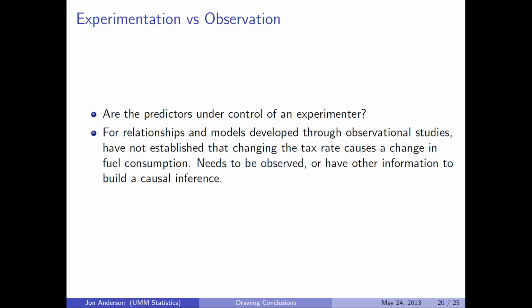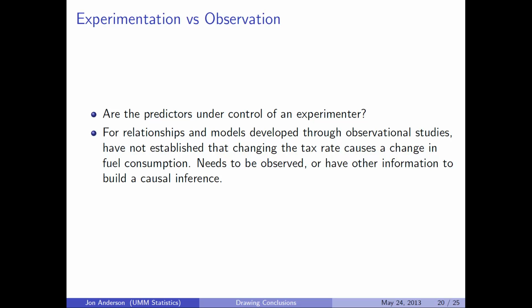Another issue to be aware of is that you need to pay attention to whether the study and the data set that you're working with has been the result of an experiment or whether it's been an observational study.